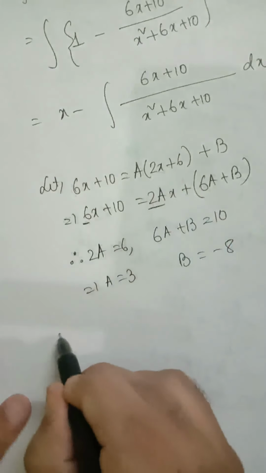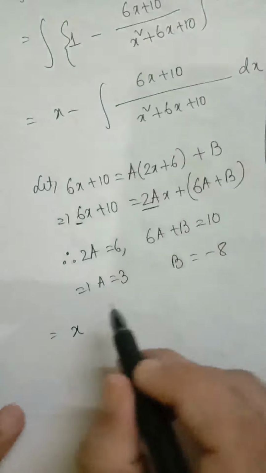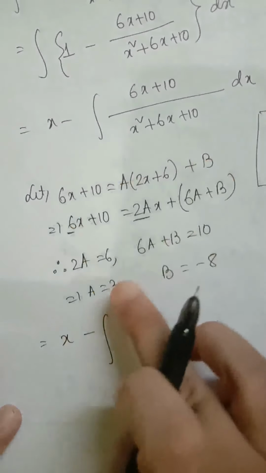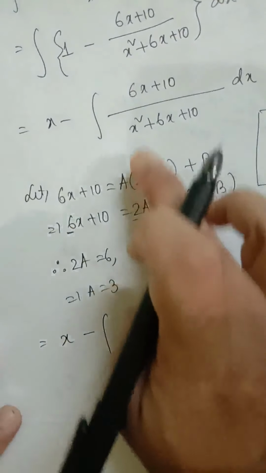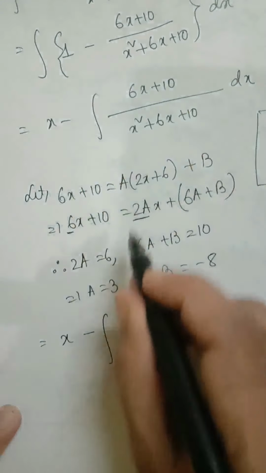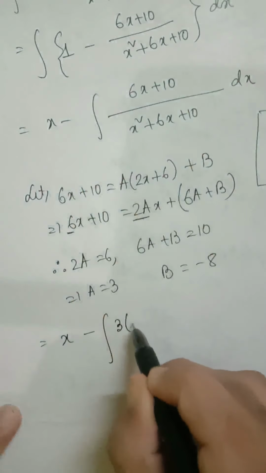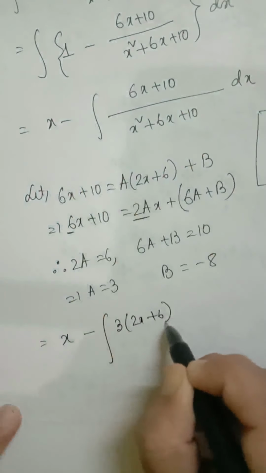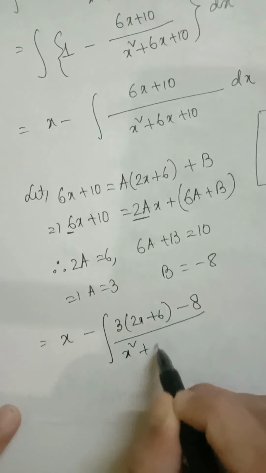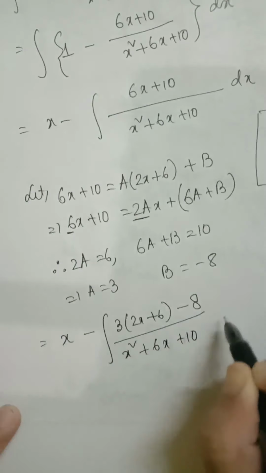Now the given integral is x minus the integral of 6x plus 10. Now we know the values of a and b, so we will write the numerator 6x plus 10 equal to 3 into (2x plus 6) minus 8, divided by x square plus 6x plus 10 dx.